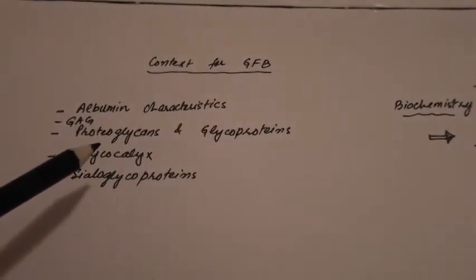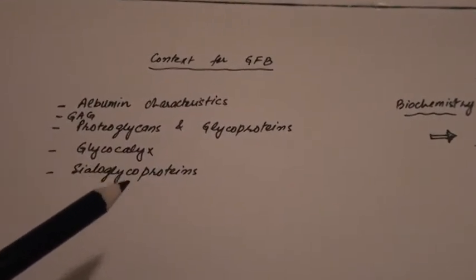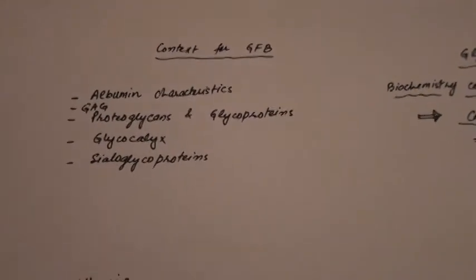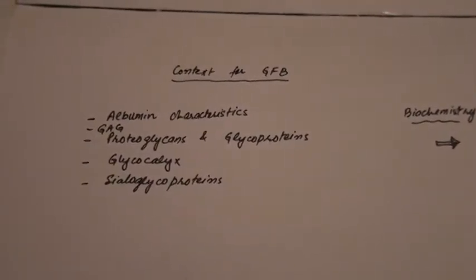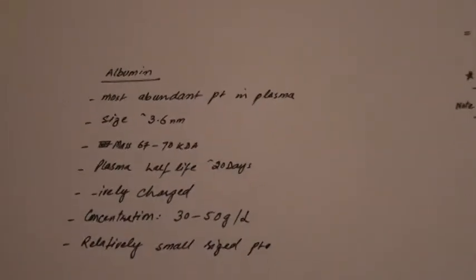Then what are proteoglycans, what are glycoproteins, what is glycocalyx, what are sialoglycoproteins. So these are the various things which we should know before we can understand the glomerular filtration barrier. Having said that, let us talk about the albumin first of all.